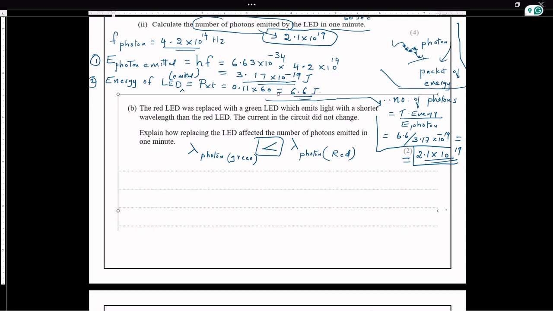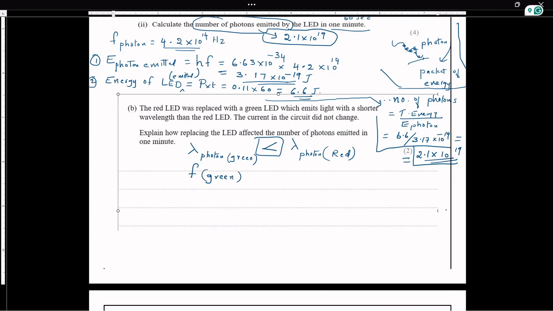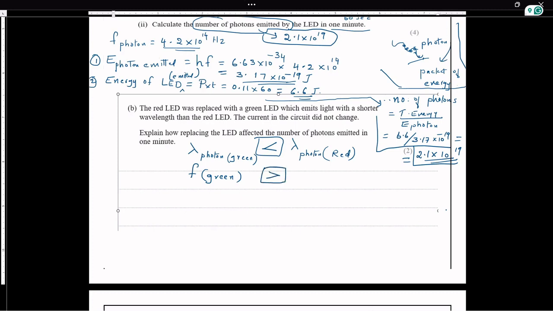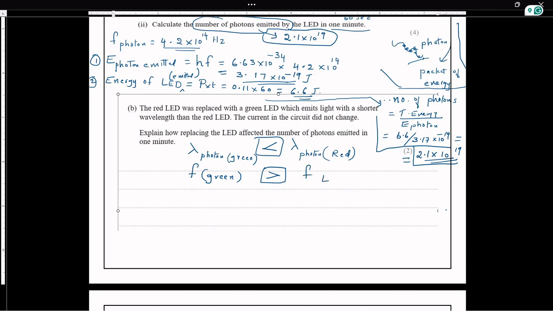Okay, so when lambda is less for the green LED, the frequency of light emitted by the green LED will be greater than the frequency emitted by the red LED.